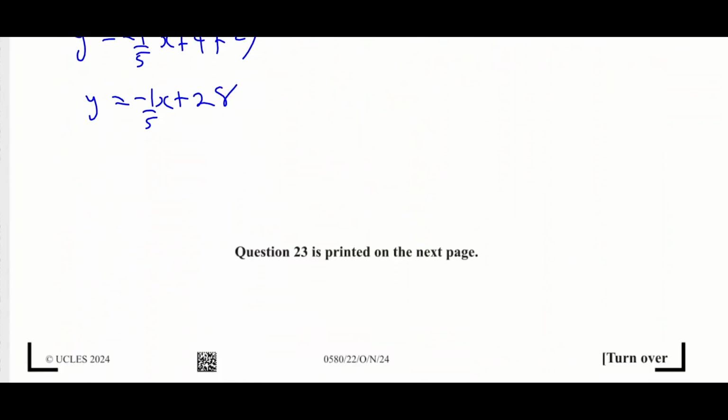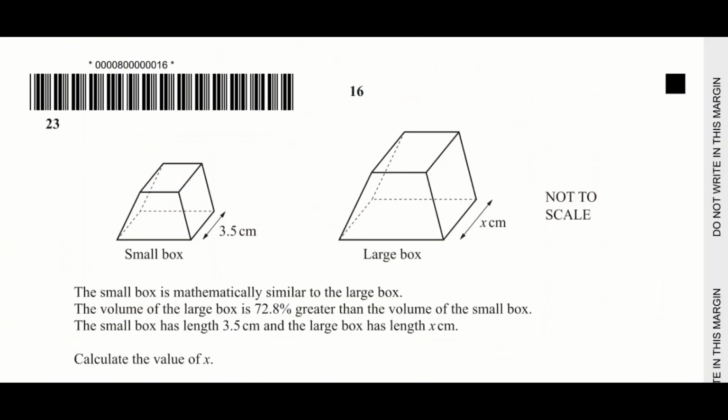Okay, so let's go to the next question, which is the last question. The small box is mathematically similar to the large box. The volume of the large box is 72.8% greater than the volume of the small box.